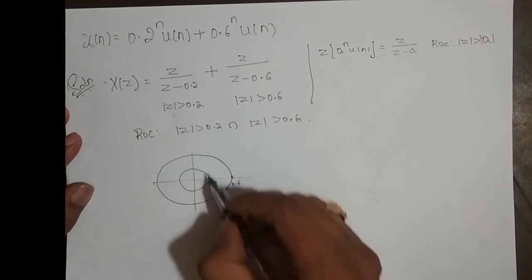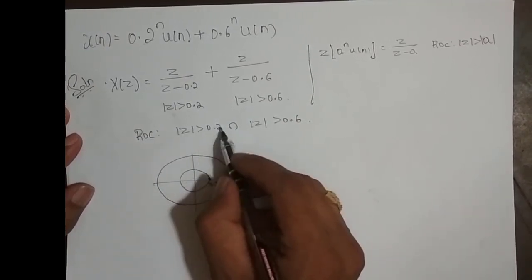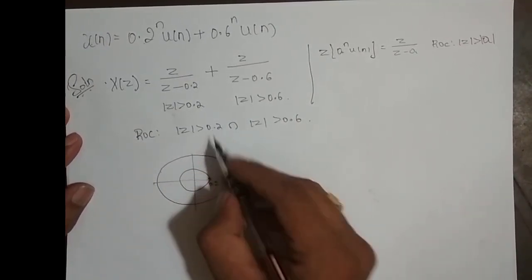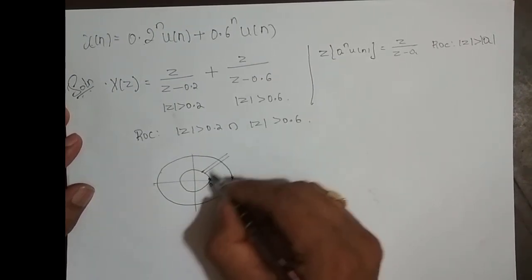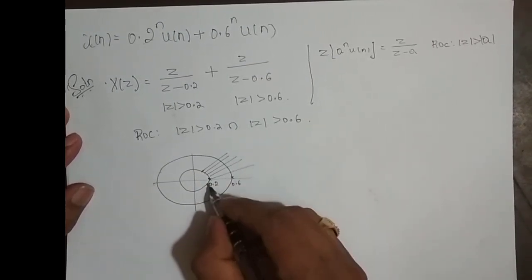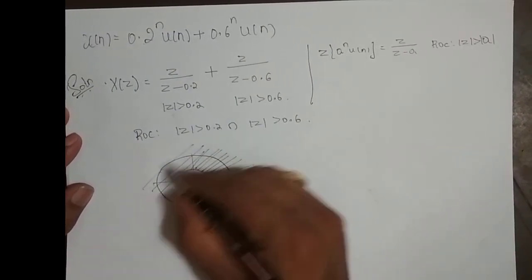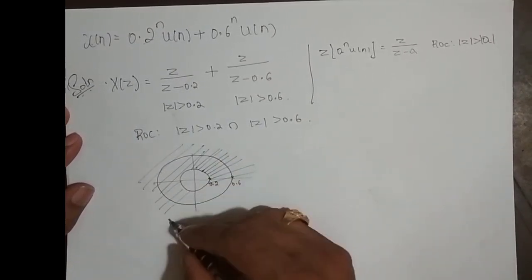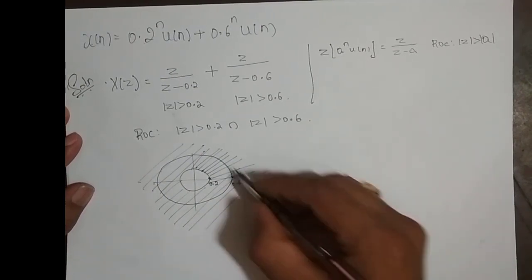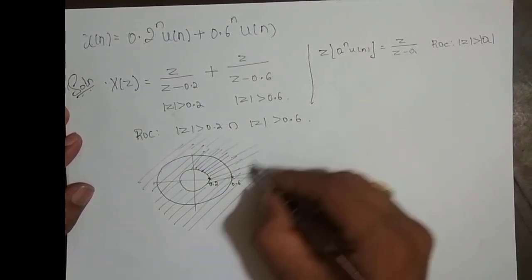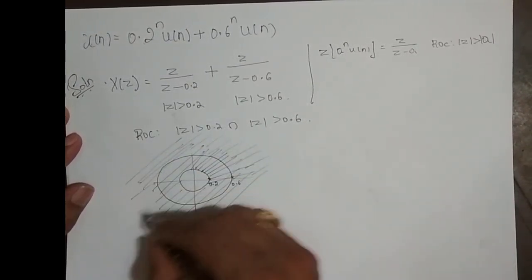Now for the inner circle it is outside, greater than 0.2. So ROC is like this. It is outside the circle with radius 0.2. So this covers the entire z plane. The shaded portion covers the entire z plane.